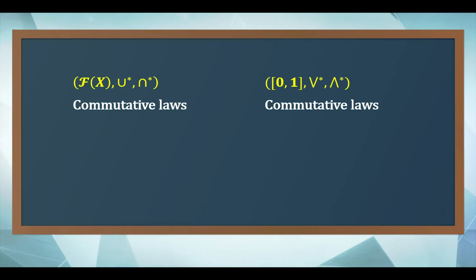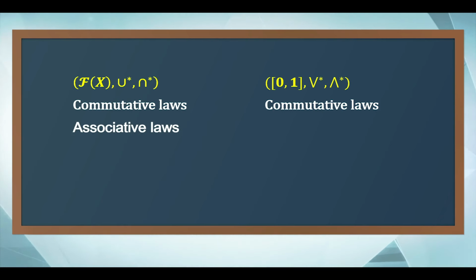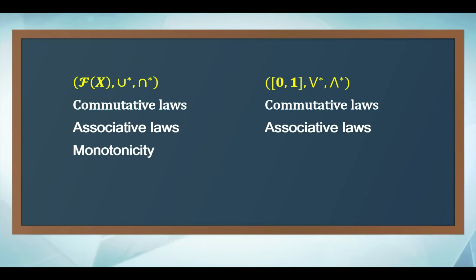Similarly, we can find that if the associative laws hold in this algebraic structure, then the associative laws should hold in this algebraic structure. If this algebraic structure has monotonicity, then this algebraic structure should have monotonicity.